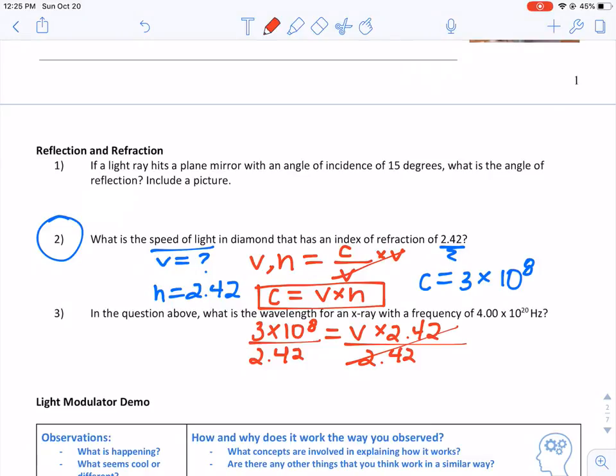And you type that into your calculator, and you should get a very large number. That is the velocity of light in diamond, in meters per second. You have a lot of practice in Quest with this same formula. Just remember, c is always 3 times 10 to the 8th. If you're solving for a v, it should always be less than that.